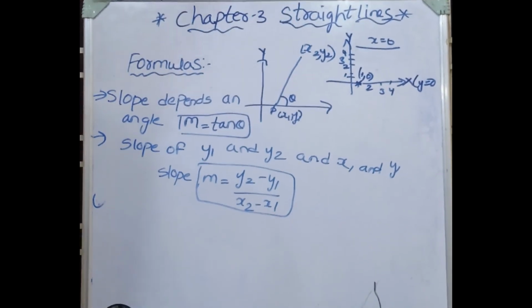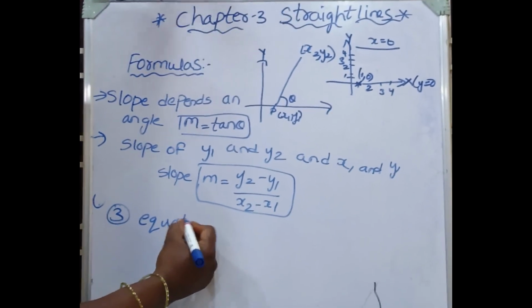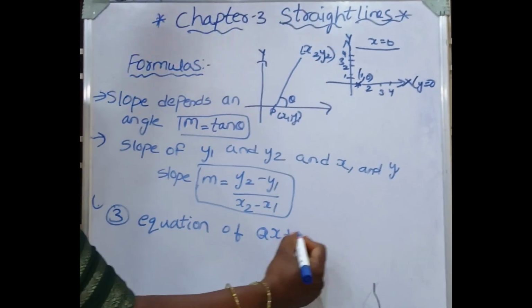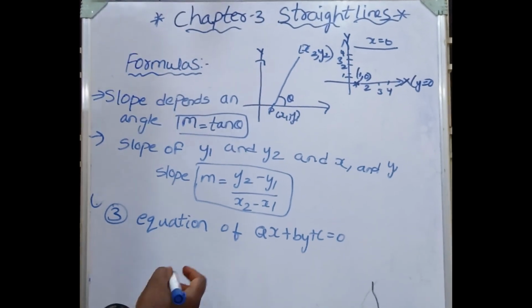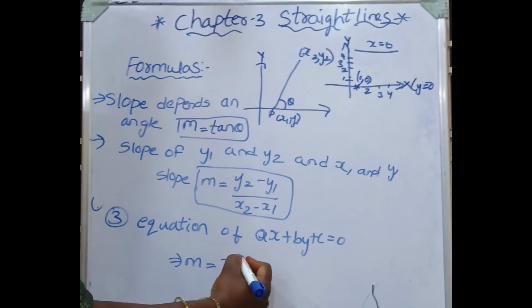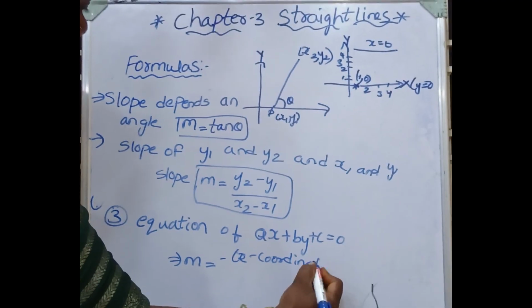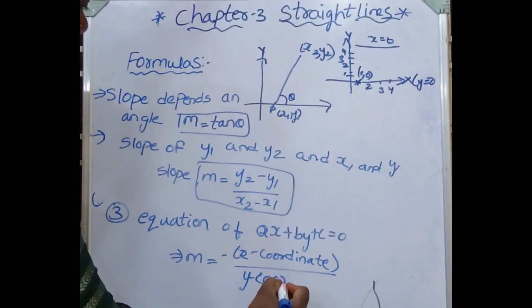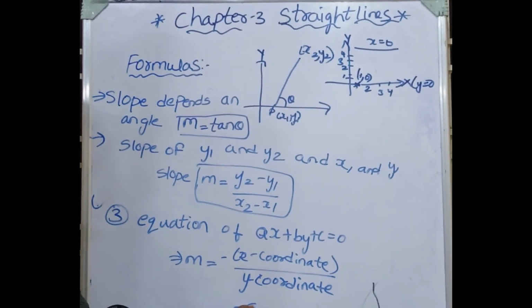For the equation ax plus by plus c equal to 0, the slope m equals minus coefficient of x by coefficient of y, which is minus a by b.